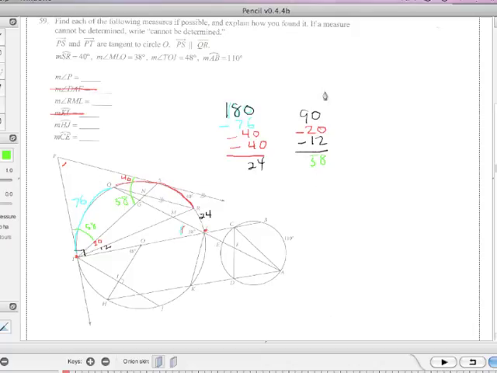So we can get the measure of angle P. It's 180 minus 58 minus 58, which is 64. Let's do that in orange. 64. Cool. All right, so we have the measure of angle P is 64.